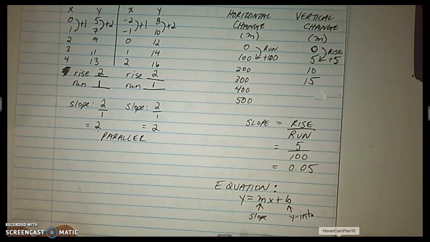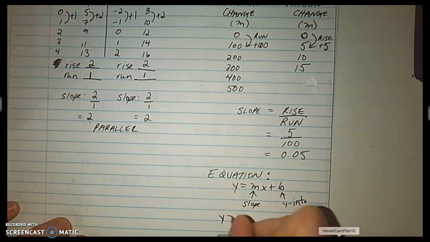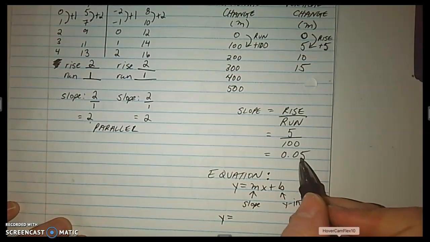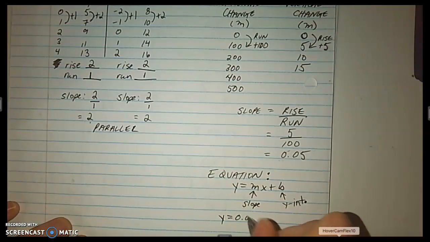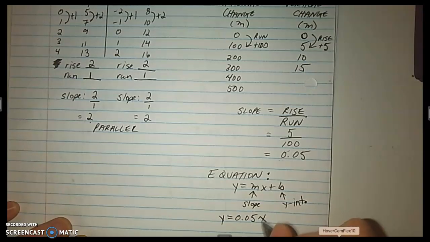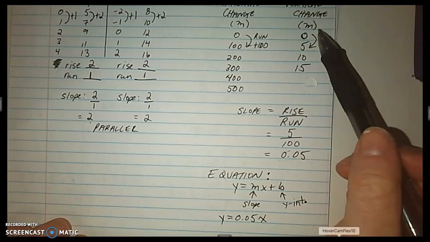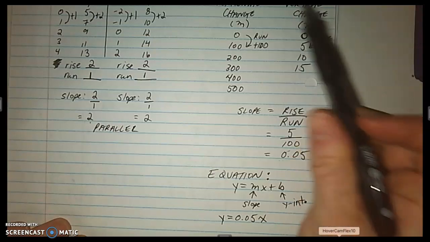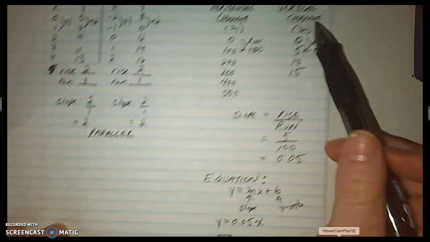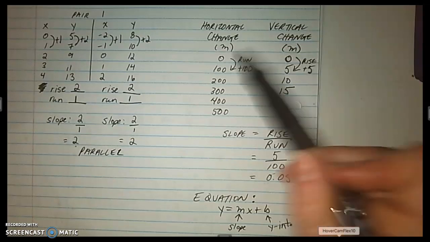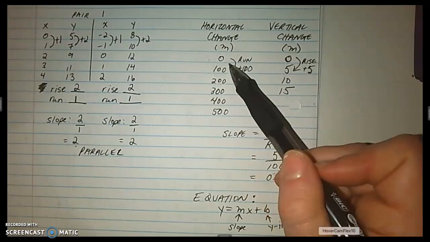So the equation for this line here is going to be y equals, and then the slope I calculated is 0.05x. Now the y-intercept here, that's the value of y, which would be my vertical change, when x is 0.